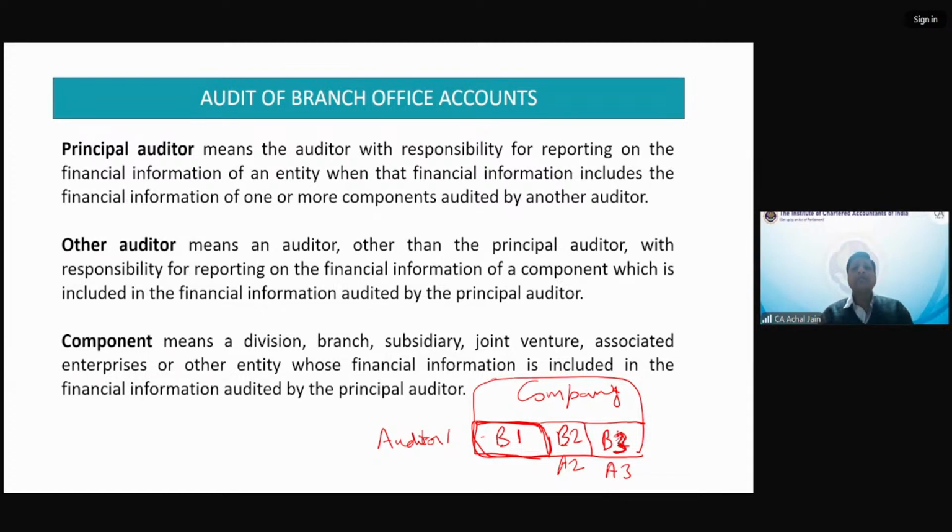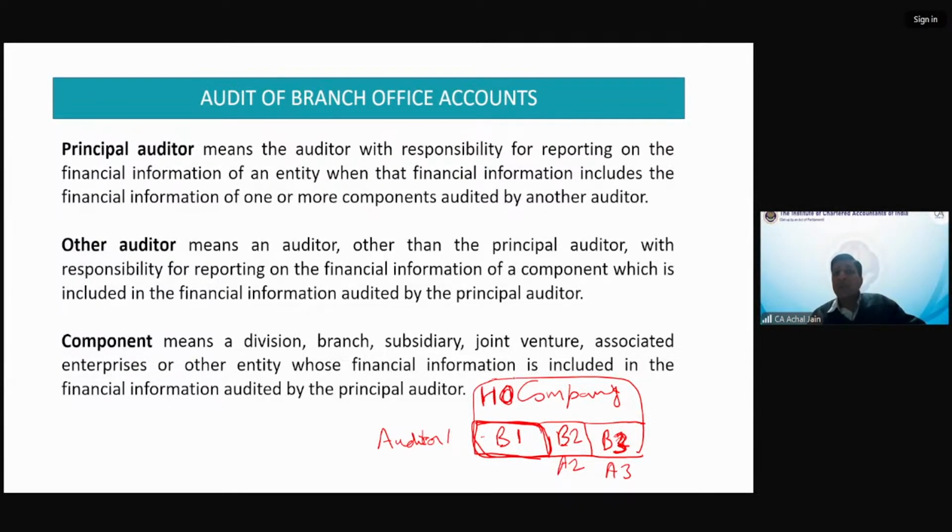Then what will happen? This company will also have one head office. Let's suppose this is the head office. For this head office, or for this company as a whole, somebody will have to do the consolidation also. Consolidation means the head office will prepare the financial statements of the head office as well as the branches combined together. Why?